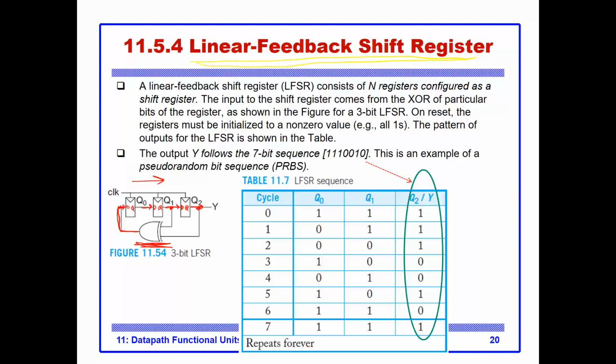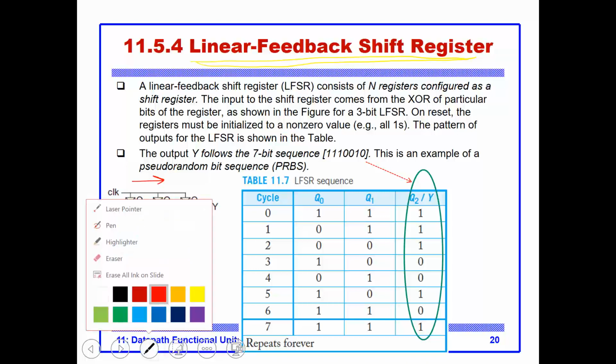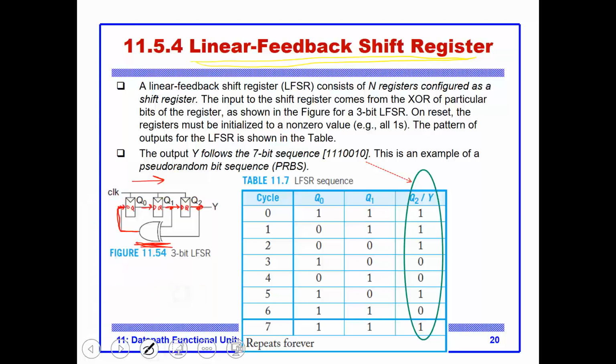Now, take a look here. Let's use a different color. Let's say, for example, assume that we have Q0, Q1, Q2 equal to 1, 1, 1.